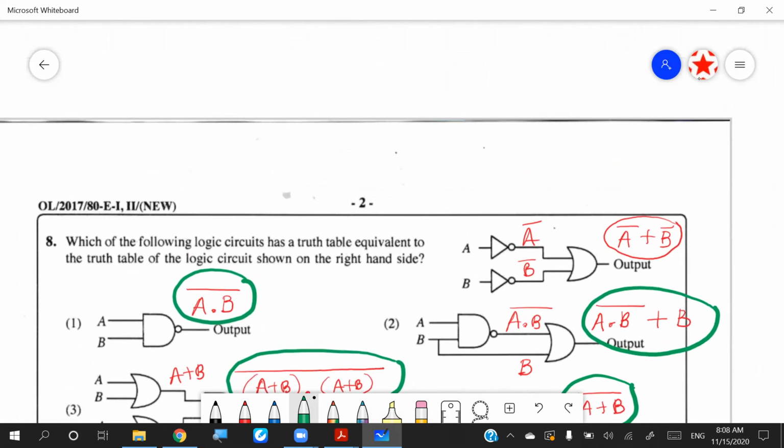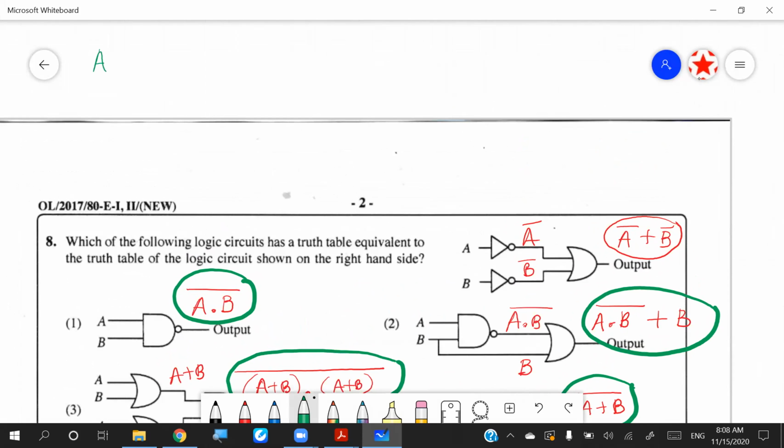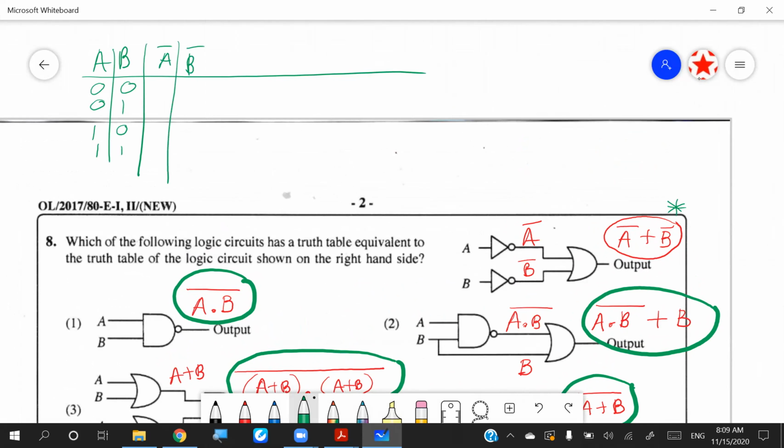So here we are constructing it. So we take A and B right over here. So 0, 0, 0, 1, 1, 0, 1, 1. So first generate the very first particular one. So it is A bar over here and B bar over here.